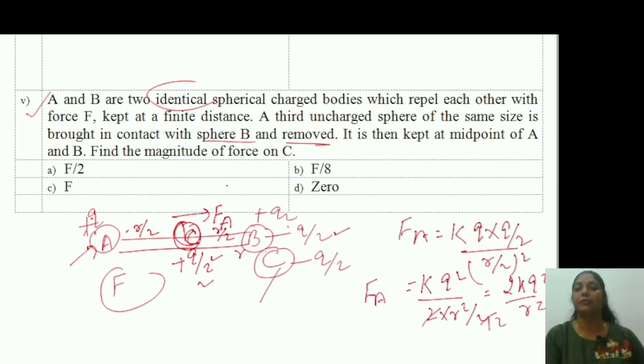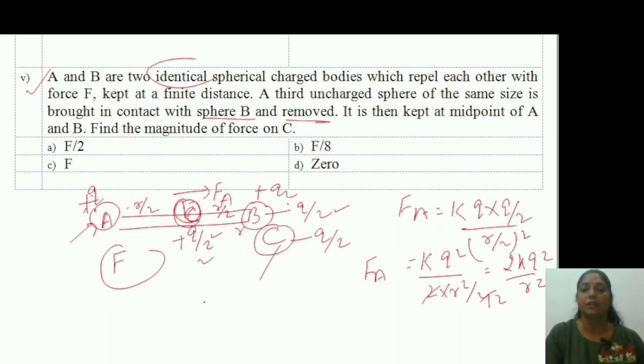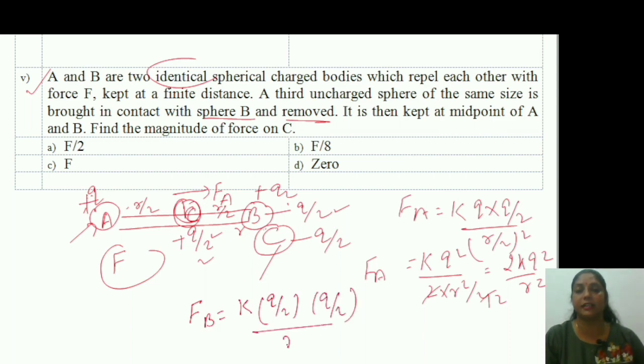In the same way, you can calculate force on C due to B. How do you calculate this one? Okay. Force on C due to B. K, C has charge Q by 2, right? B has charge Q by 2 and distance is again R by 2 whole square. This becomes K Q square by 4 into R square by 4. This 4 cancels.